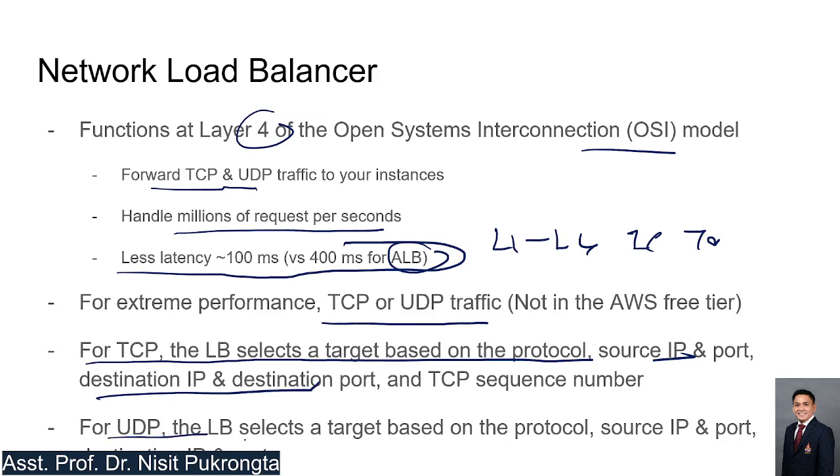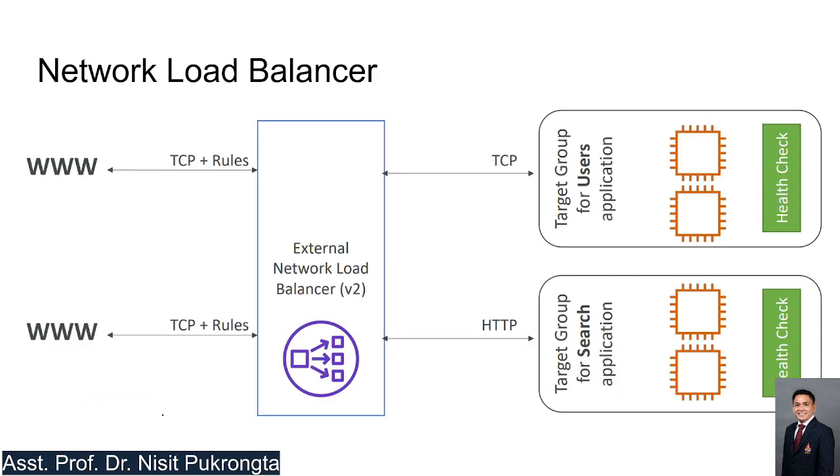Right. For UDP, the load balancer selects a target based on the protocol, source port, and destination port, right? In both of these, they look similar but they are different. I mean, for destination port, TCP will have the TCP sequence number, but UDP does not. But the network load balancer can serve both the TCP protocol and the UDP protocol.